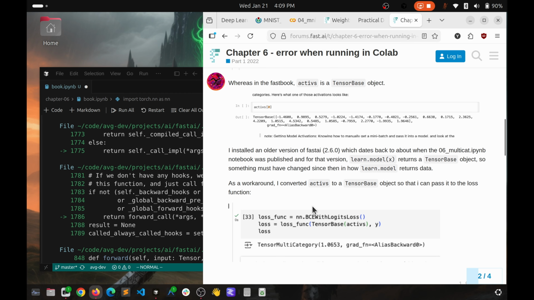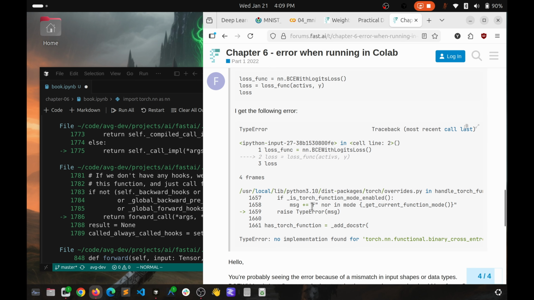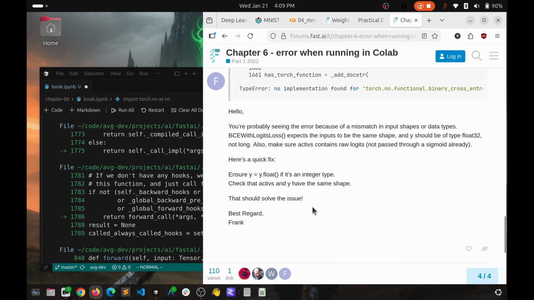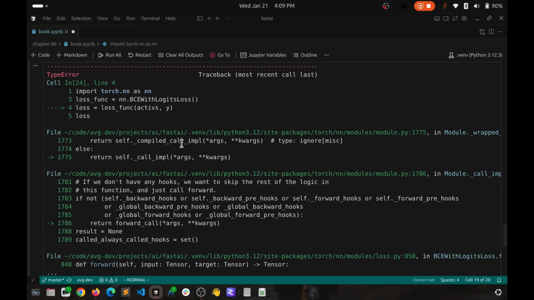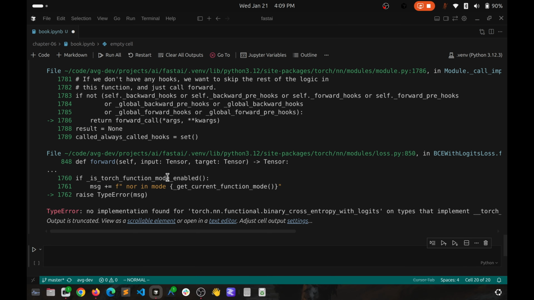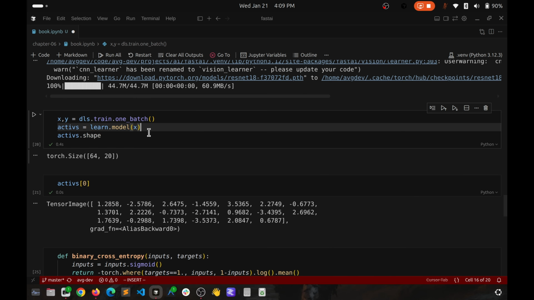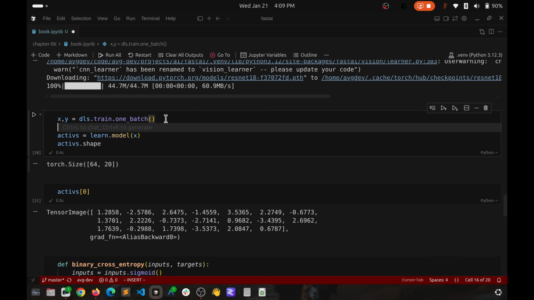So we have to convert to a tensor-based object. Is there another way? Ensure that y equals y.float if it's an integer type. Okay, then maybe there is an error right here. Yeah, let's just do y.float. So where do we define y? Okay, y equals y.float.